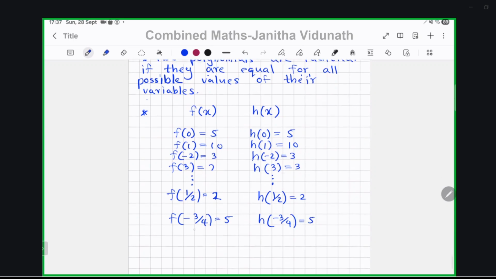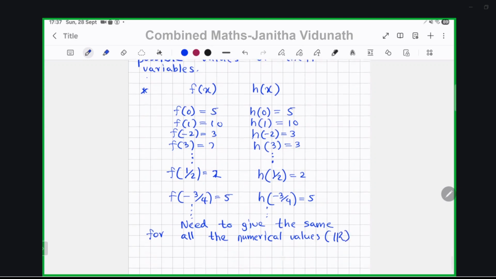That means both functions need to give the same value for all the numerical values, for all the real numbers.